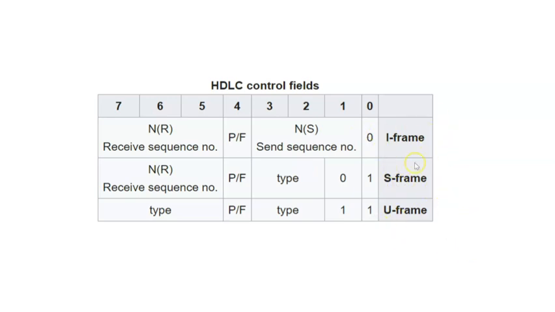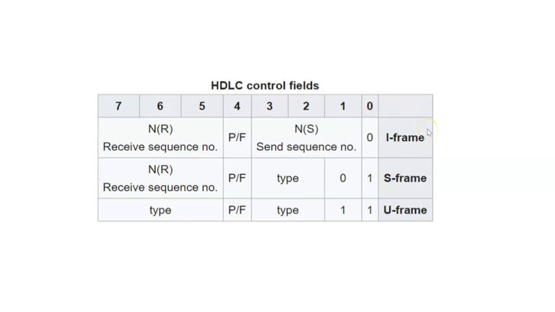If it is an I frame, or information frame, first will be 0, then send sequence number, then poll/final, then receive sequence number. We'll see what these are.